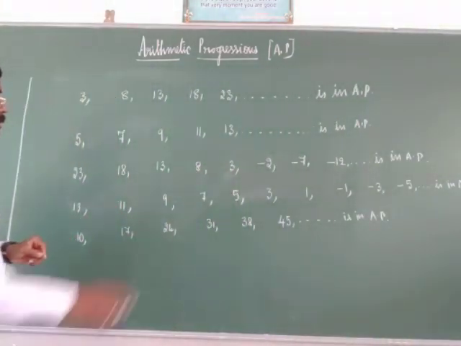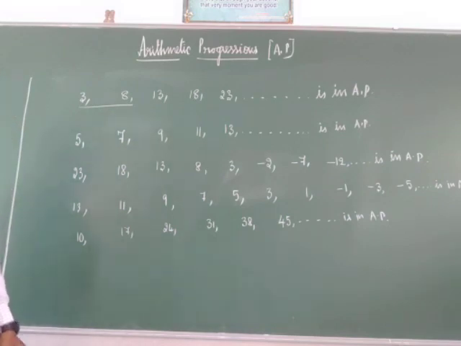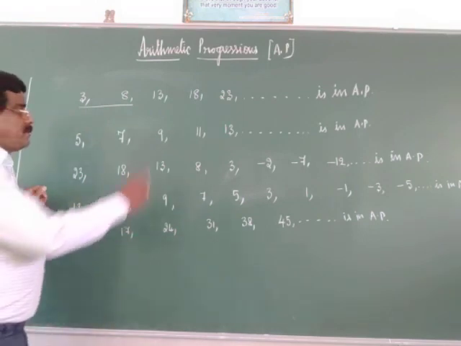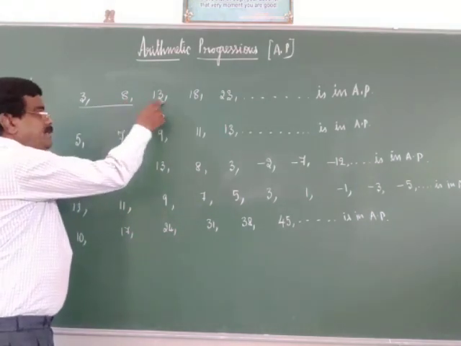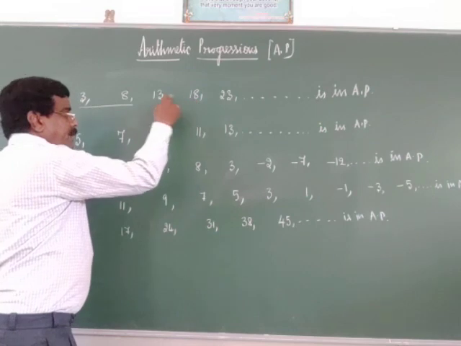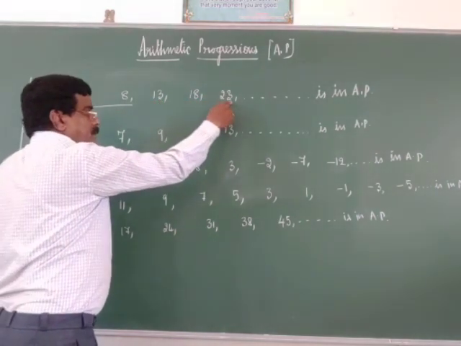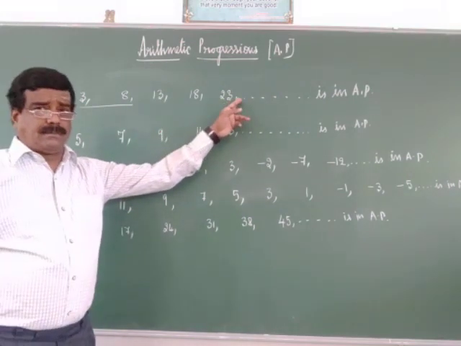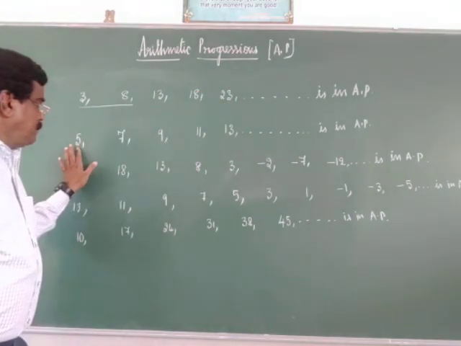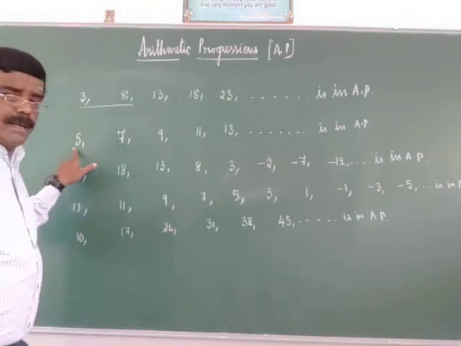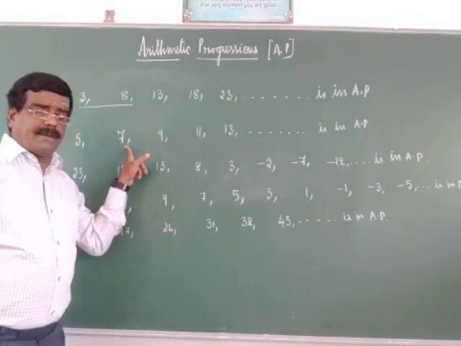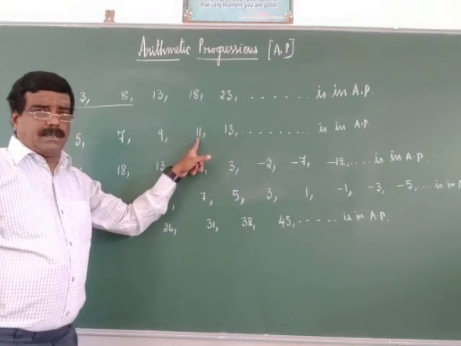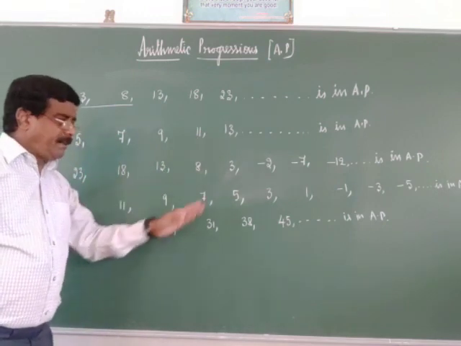For example, if we take these numbers, 8 minus 3, 5; 13 minus 8, 5; 18 minus 13, 5; 23 minus 18, 5. Similarly here you can check: 7 minus 5, 2; 9 minus 7, 2; 11 minus 9, 2; 13 minus 11, 2. It remains 2 also, children.